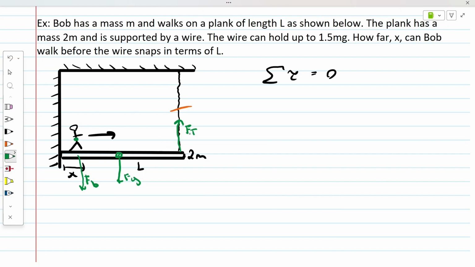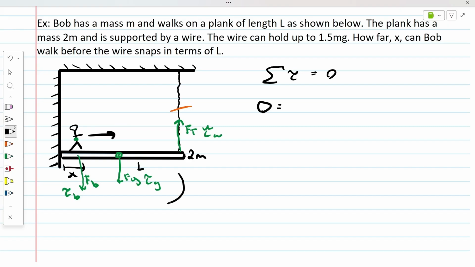Okay, so we can call this the torque due to Bob, the torque due to gravity, and the torque due to the wire. Okay, so we know that 0 must equal the sum of these torques. But to do the sum, we need to denote some direction as negative. And as we talked about in some previous videos, it's standard convention to denote negative as the clockwise direction.